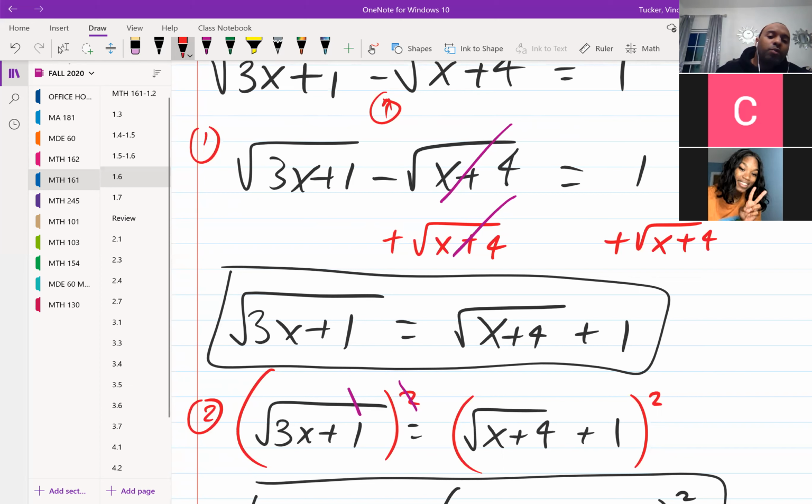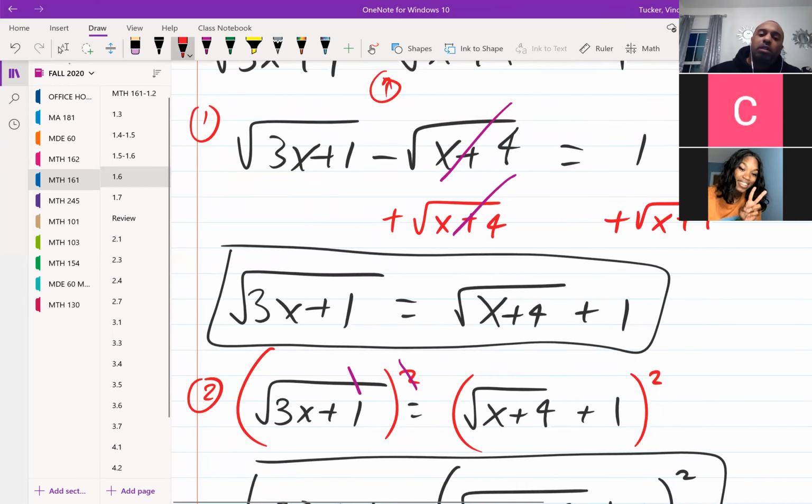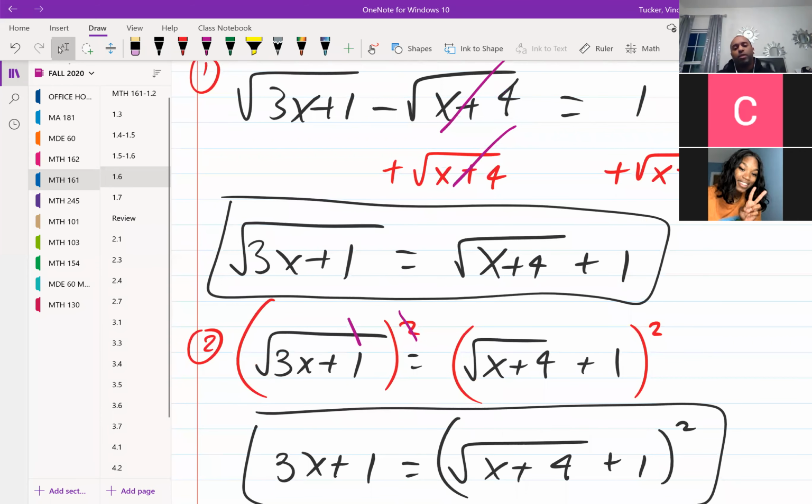That cancels the square root and square on the left side, leaving us with just 3x plus 1. And then on the right side, we are squaring the quantity of the square root of x plus 4 plus 1. So we haven't expanded that yet, but that's just the first result of squaring both sides.